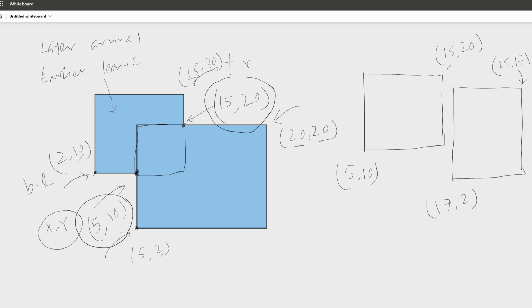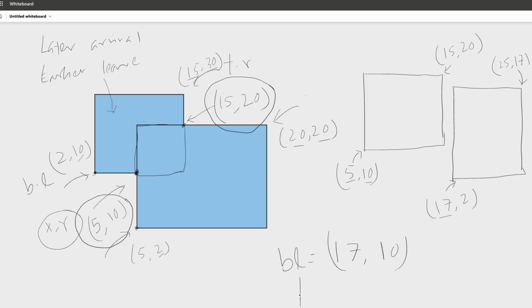Here are the top right portions and the bottom left portions. Following the same formula, we calculate the bottom left of the intersection point. For the x coordinate, which is maximum between this and this? 17. Which is maximum between 10 and 2? 10. So that is our bottom left coordinate.